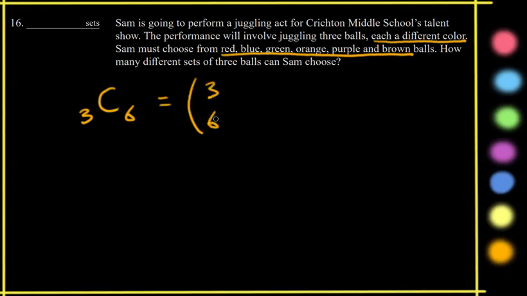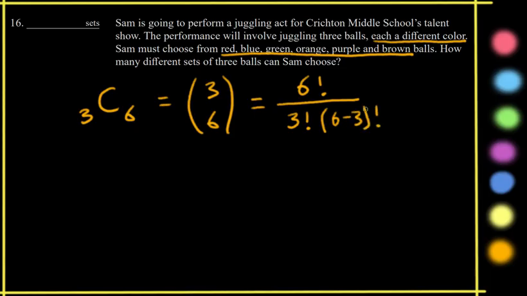And the formula for this, sometimes you might see it called n choose k, is you do the n factorial on the top, so that's 6 factorial in the numerator, and then in the denominator you have 3 factorial, which is the k factorial, and then you also have n minus k factorial, 6 minus 3. Let me write that out like this: 6 minus 3 factorial.